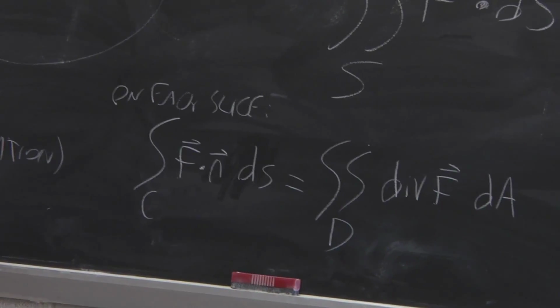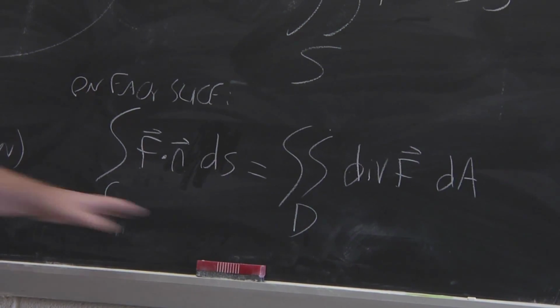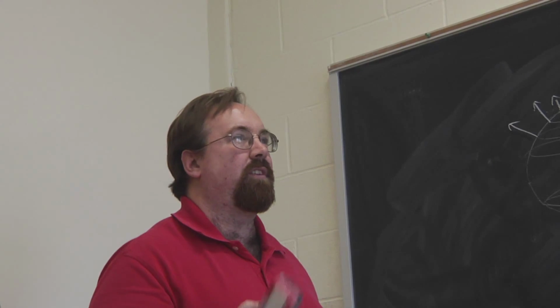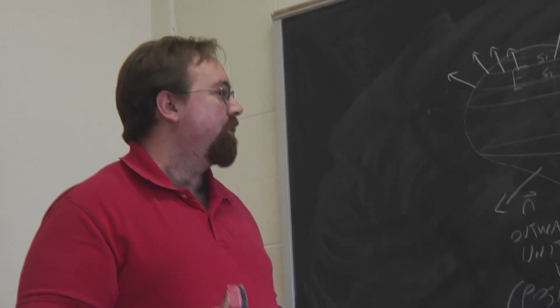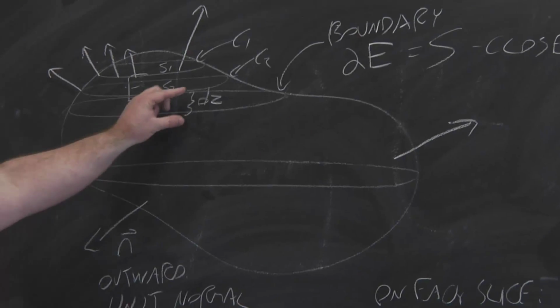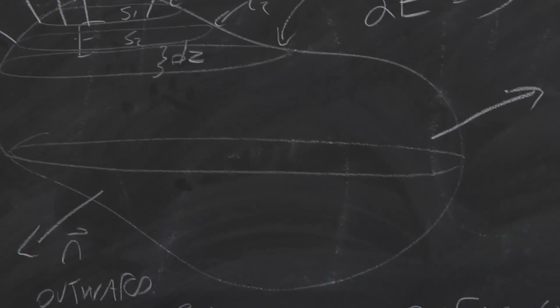Now I'm very much waving my hands here, just to try to give an intuitive idea of where this comes from. There is a proof of a very simple case of this theorem in Stewart that I find intuitively altogether unsatisfying. What happens is if you combine what's happening with each slice, you can think of the thickness of each slice as some very small dz.